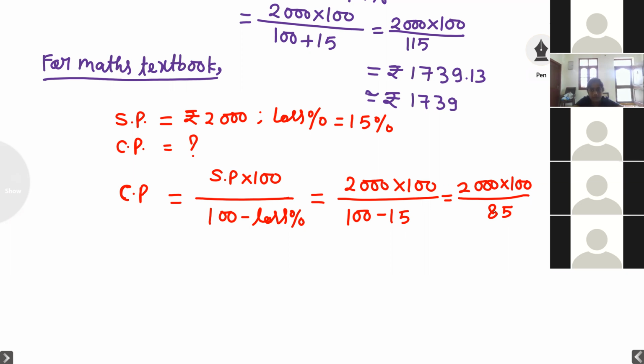Now 2000 into 100 divided by 85 will become 2352.94. I will round off. We can write the approximate value rupees 2352.